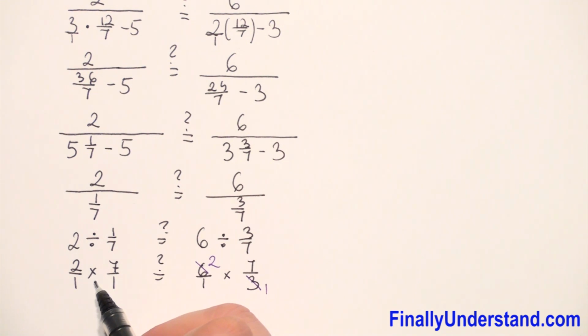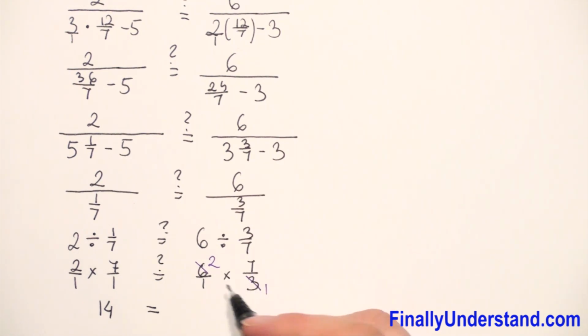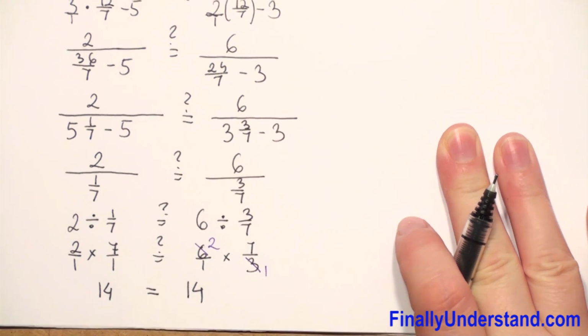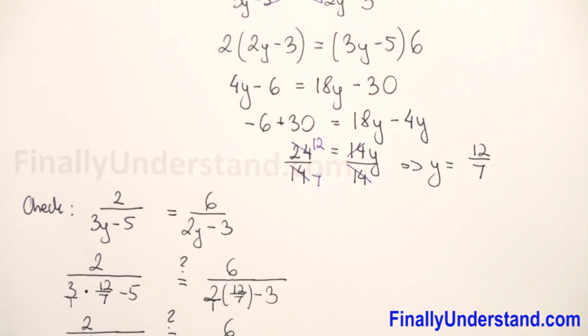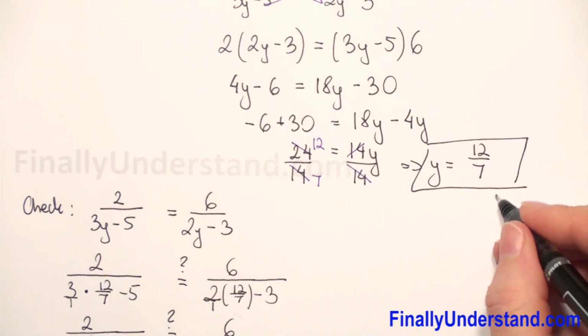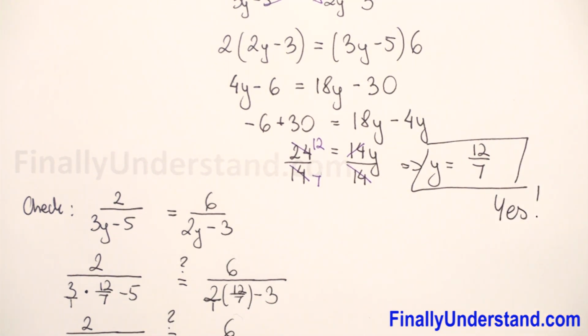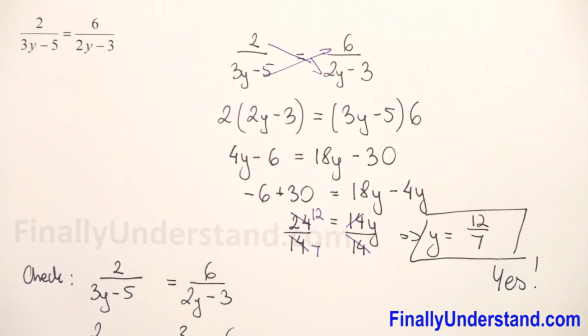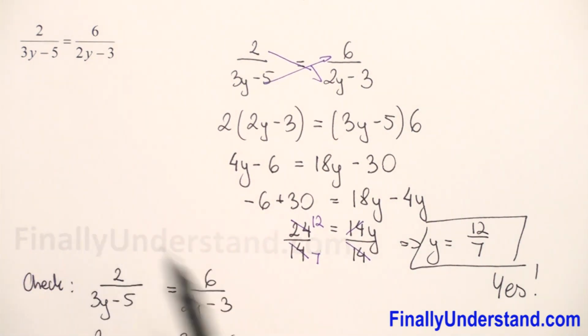We have multiplication of fractions, so numerator times numerator, denominator times denominator. 2 times 7 is 14 over 1, so this is 14. And on the right side we have 2 times 7 is 14 over 1 is 14. Left side is equal to the right side. It means that y equal to 12 over 7 is the solution for our fractional equation.